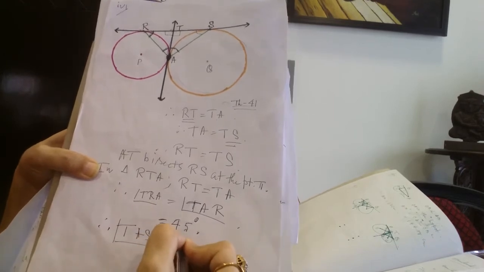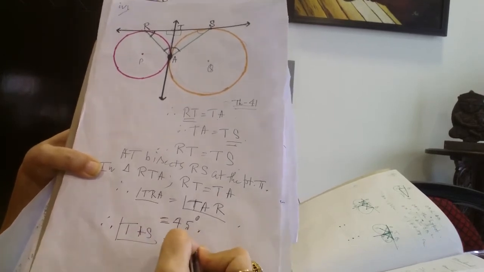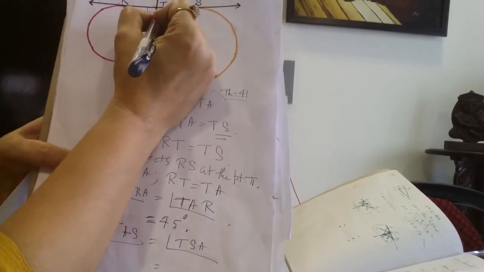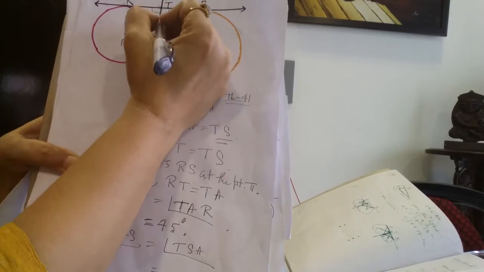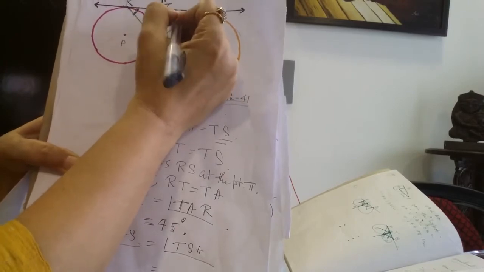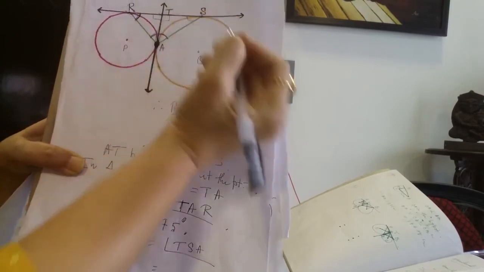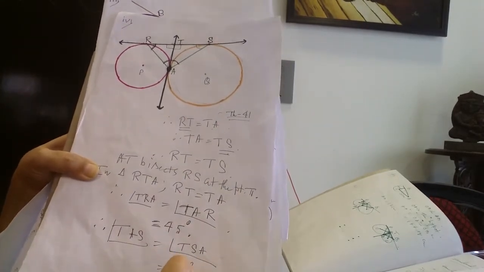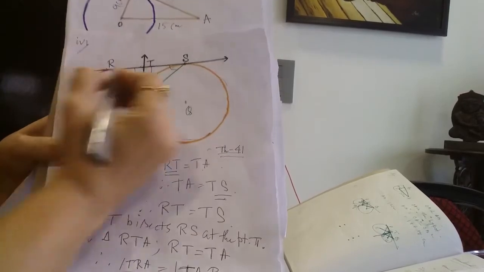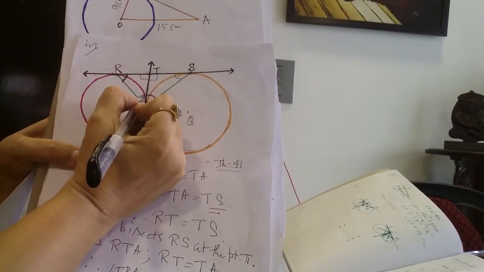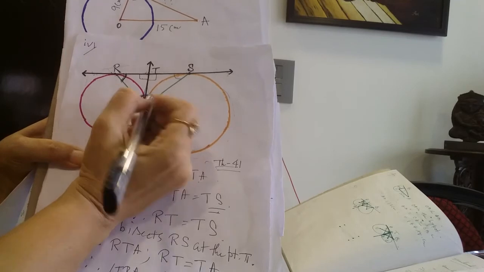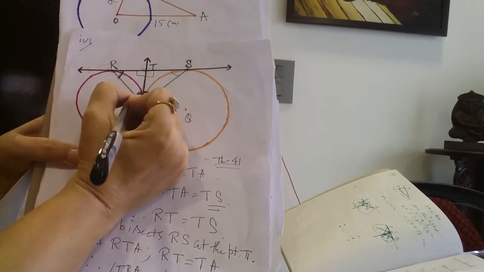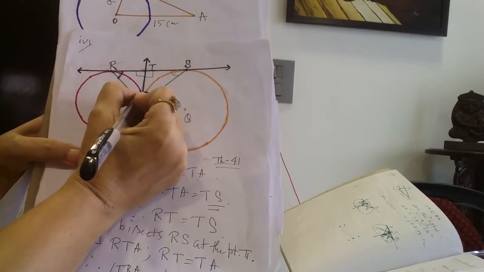Why? This is 90 and base angles are equal. The sum of these three angles is 180 degrees. So each will be 45 degrees. Therefore, this angle we are getting 45, and this part also 45. This is 45, this is 45.